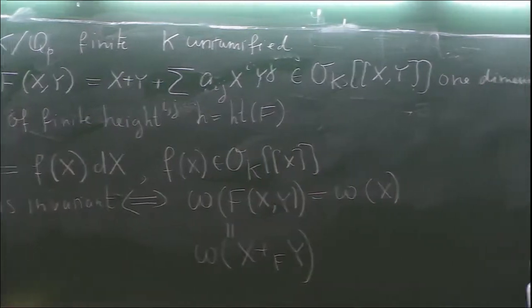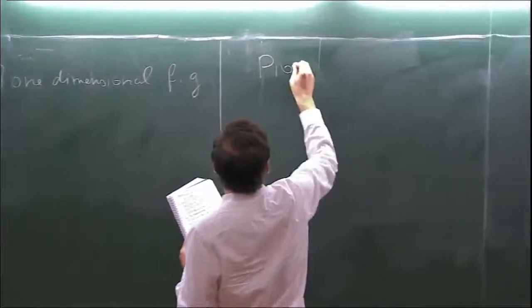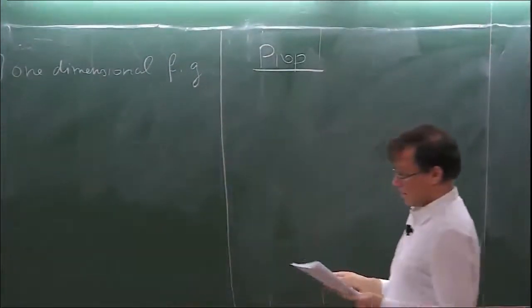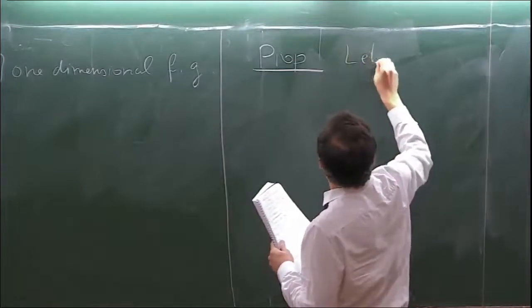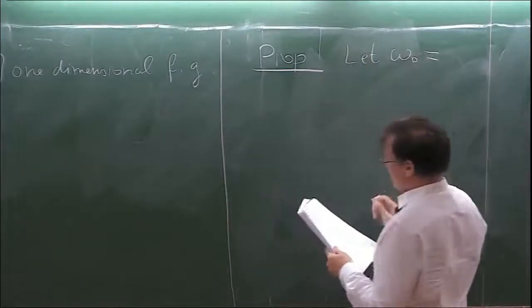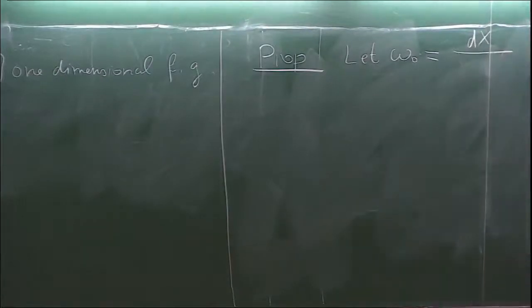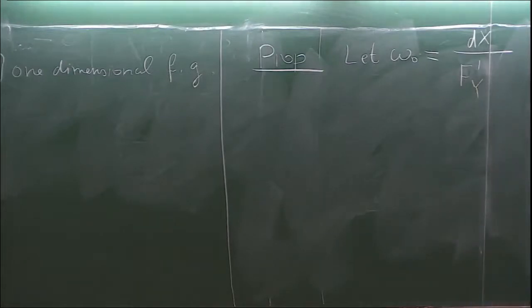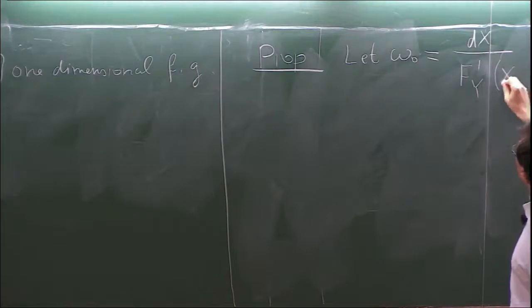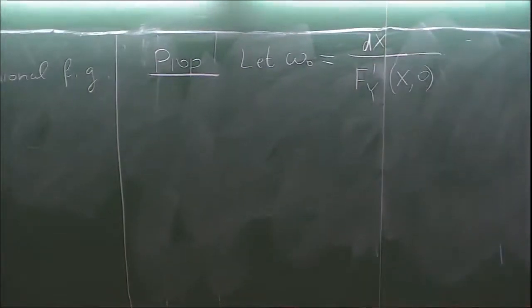So we have the following proposition. Let omega 0 be dx divided by the formal derivative of f with respect to y, evaluated at y equal to 0.